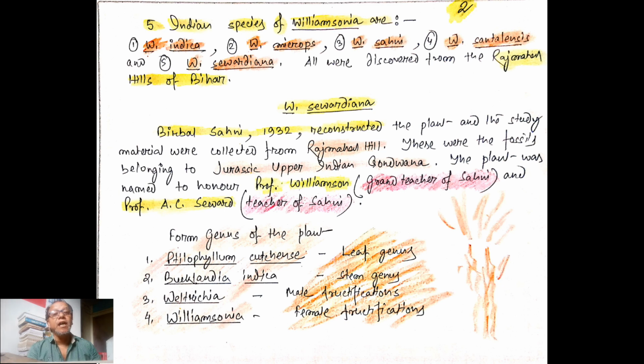That is, India represents 5 species of the genus Williamsonia. Now we have to discuss Williamsonia sewardiana.